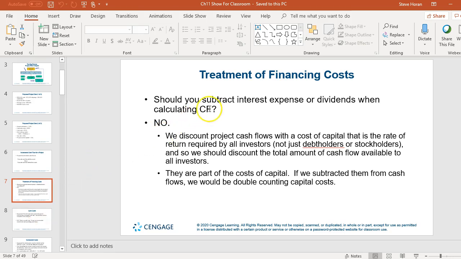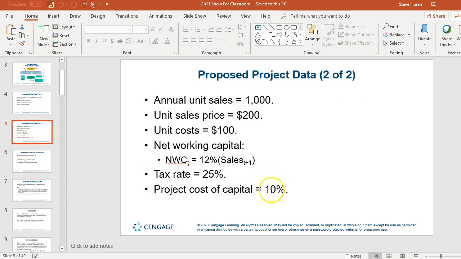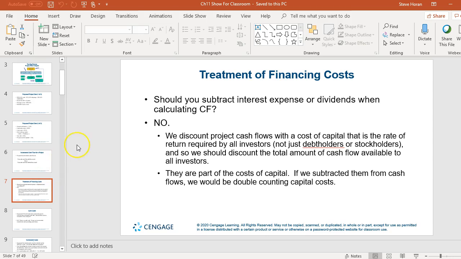The next question is, should we subtract interest expense or dividends when we calculate cash flows? And the answer is no. We don't take those things into account because the cost of capital already does. So when they told us there's a 10% cost of capital right here, that really does take into account whatever capital sources we will use to pay for this expansion.